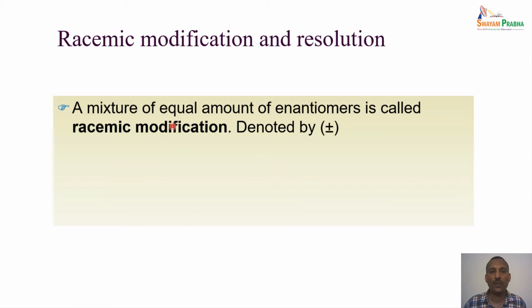We already know a mixture of equal amounts of enantiomers is called a racemic modification and is generally denoted by a plus or minus symbol. That means the optical activity of that particular compound is basically 0.